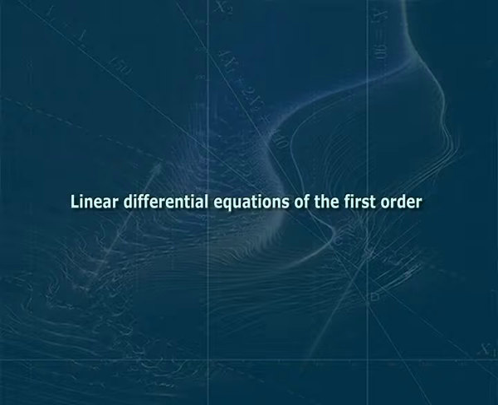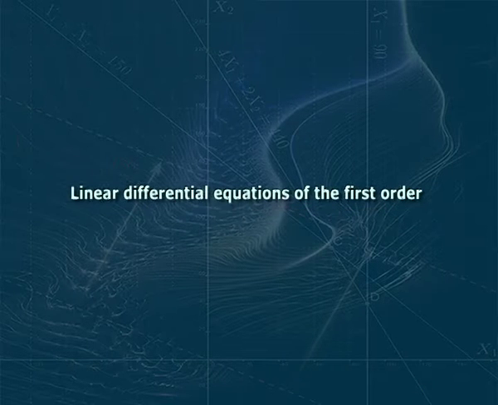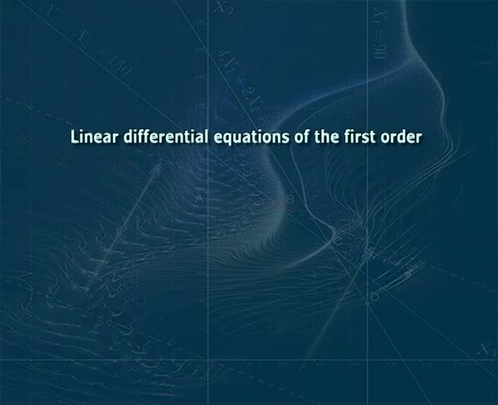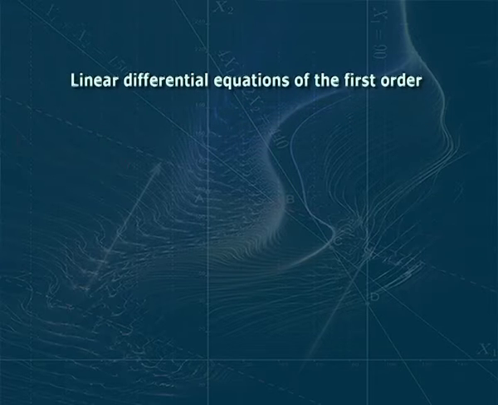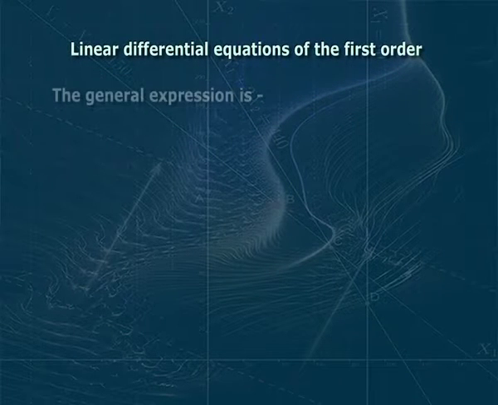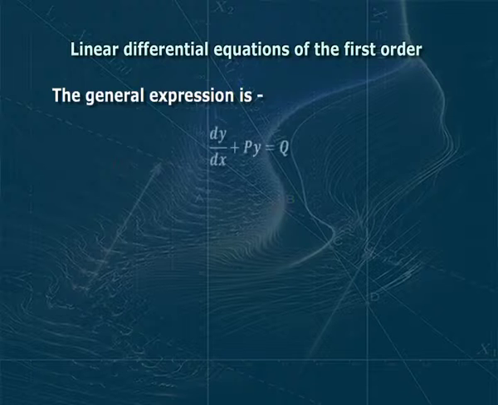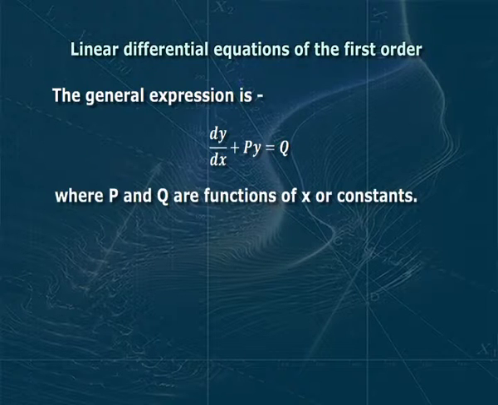Now friends, let us have a look at linear differential equations of the first order. The general expression is dy by dx plus Py is equal to Q, where P and Q are functions of x or constants.